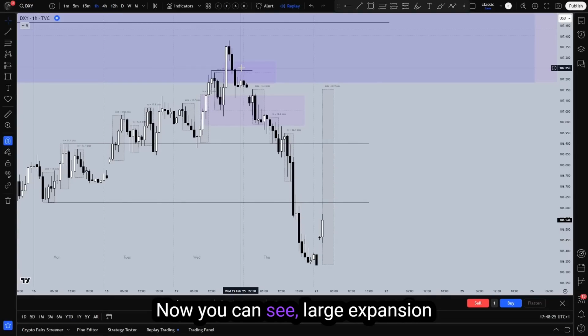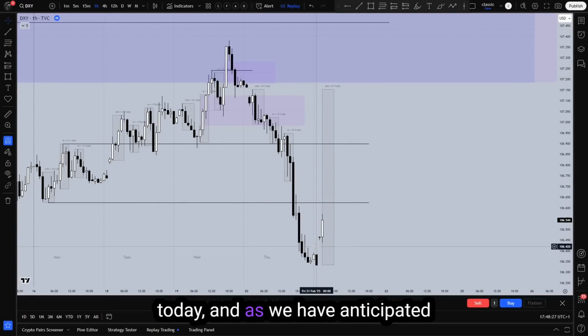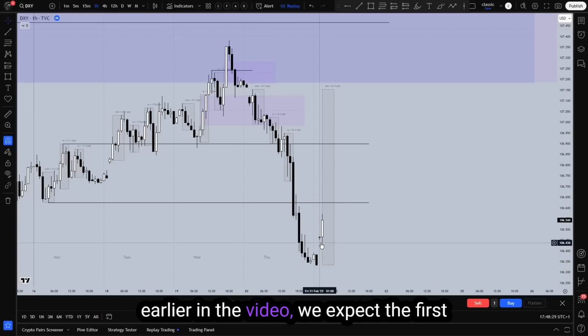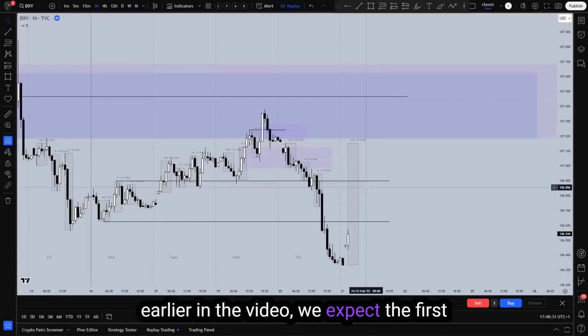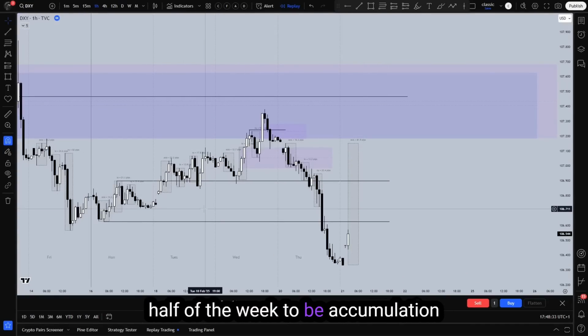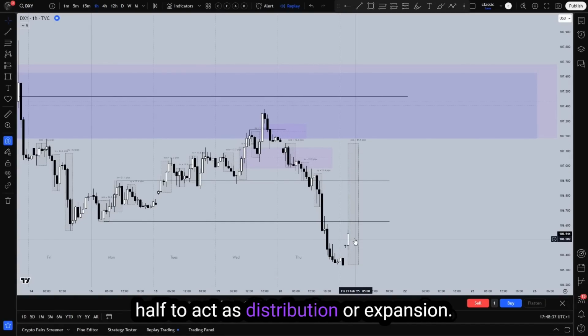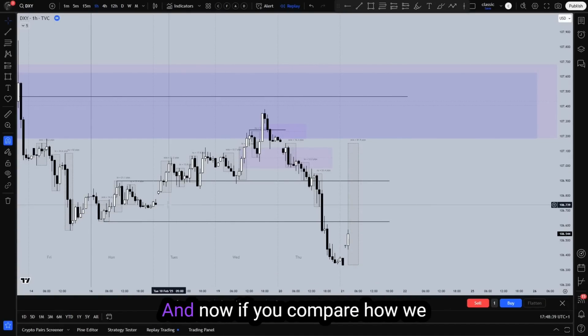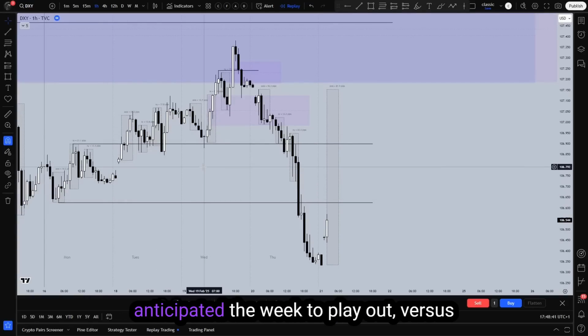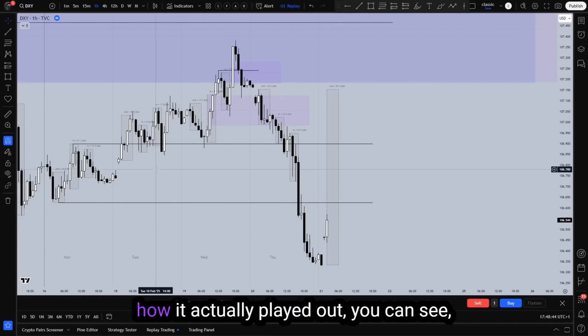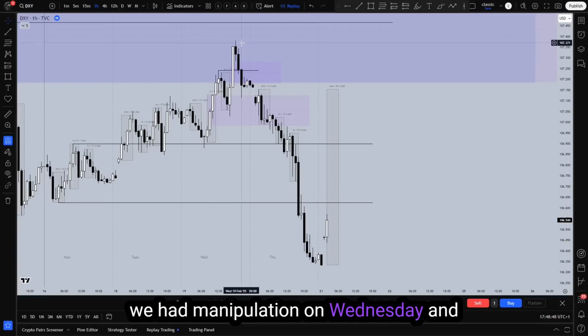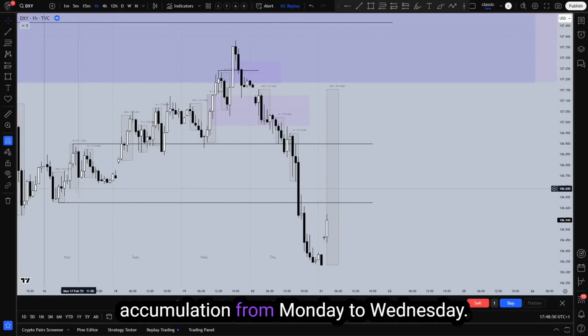Now you can see large expansion today, and as we anticipated earlier in the video, we expected the first half of the week to be accumulation and manipulation, and then the second half to act as distribution or expansion. And now if you compare how we anticipated the week to play out versus how it actually played out, you can see we had manipulation on Wednesday and accumulation from Monday to Wednesday.